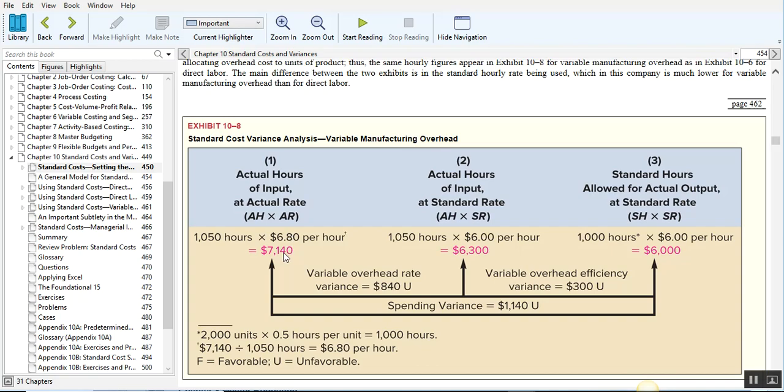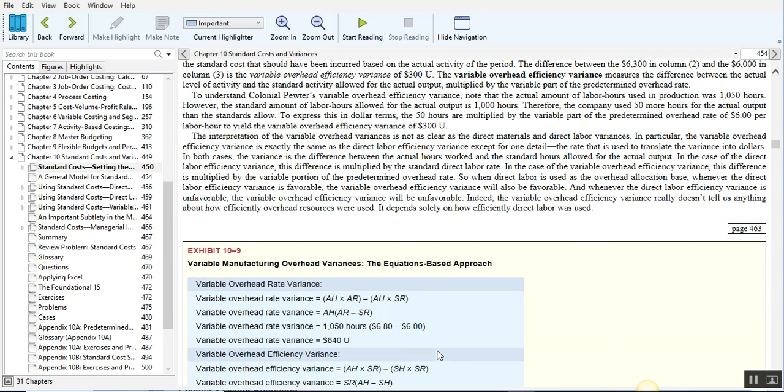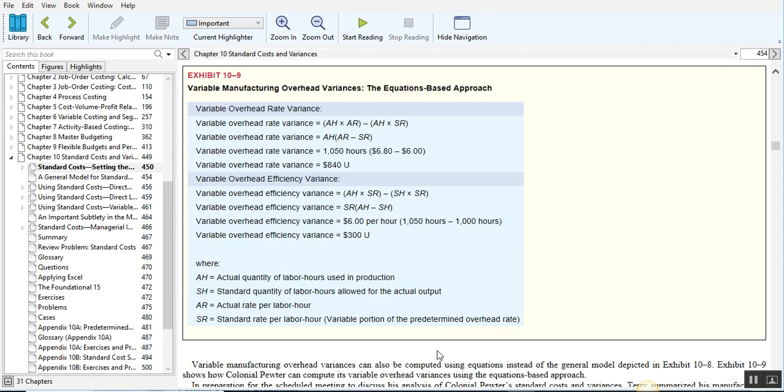So here we have a difference between these two that we're going to call the variable overhead rate variance. And then again, the difference between the actual and the standard without considering any of the intermediate variances is going to be a spending variance. So that's how we would calculate variable overhead rates.